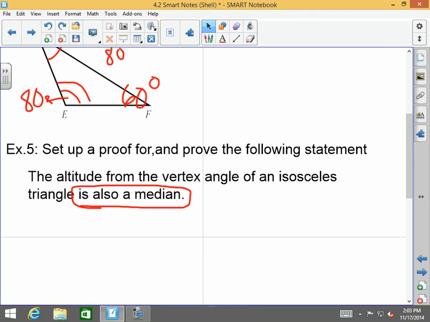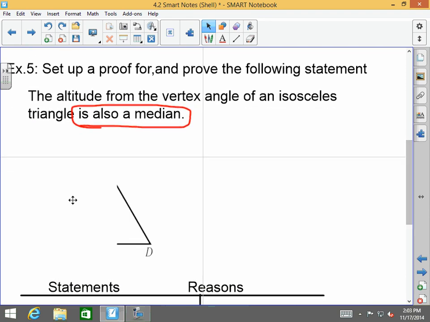So what do we have? We know that we have an isosceles triangle. So I'm going to draw an isosceles triangle. We know it has an altitude from the vertex. So that's why I drew it from the vertex. It was very specific. I want to prove that altitude AC is a median.